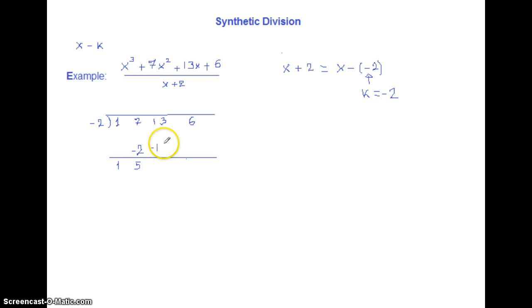We add the two numbers in this column, 13 minus 10 is just 3. Then we multiply k by this number, negative 2 times 3. We write the result here, it's negative 6. And after we add the numbers in the last column, we get 6 minus 6, 0.